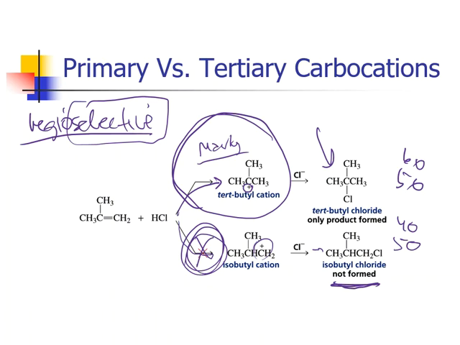Large percentages of both or all of the choices that we would have at the end of this mechanism. That is what we call non-regioselective. But in this case, we do have a regioselective reaction. One is greatly preferred over the other, and because of that, that one is going to be chosen over the other one, which means the reaction is selective at that point.